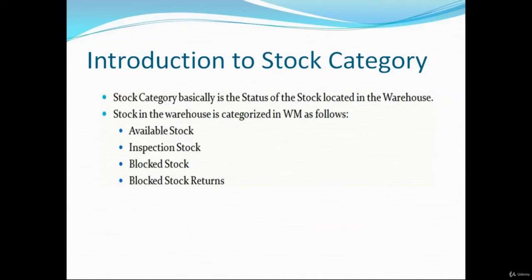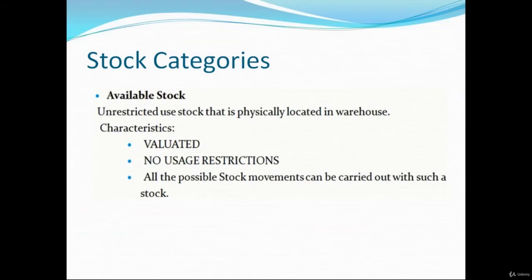So when we deal with goods movement in IM as well as WM, we need to take care of the stock category. Each stock category has its own characteristics, and the material will perform as per the stock category of that particular material in that particular instance in the SAP system. So it is very important to understand what the various stock categories available for a material in an SAP system are.